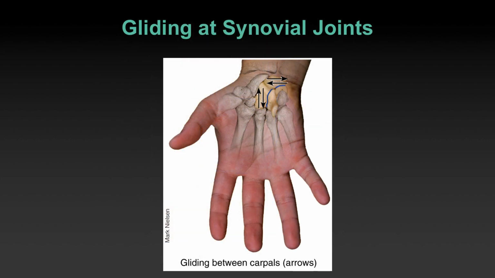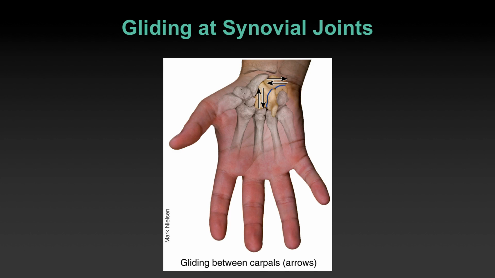So let's look at the types of movements you can expect at joints, and you've seen, all of you now have seen these, at least a rudimentary explanation of them in lab. Gliding at a synovial joint is not a common movement. You see these between the carpals of the hand or between the vertebrae of the spinal cord.